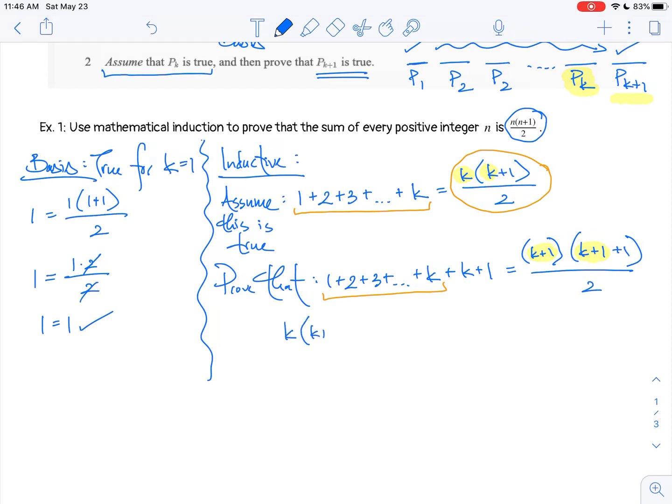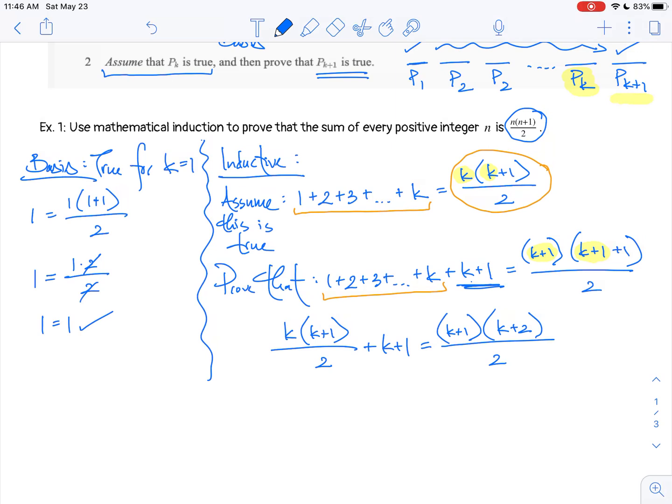So let's do that. K times k plus 1 over 2, okay, so that's the thing in the orange, plus that k plus 1 equals, and let me simplify some things on the other side. So k plus 1, and then k plus 1 is k plus 2 over 2.